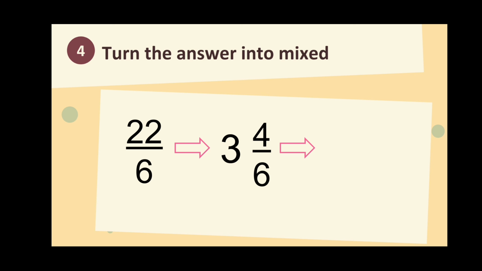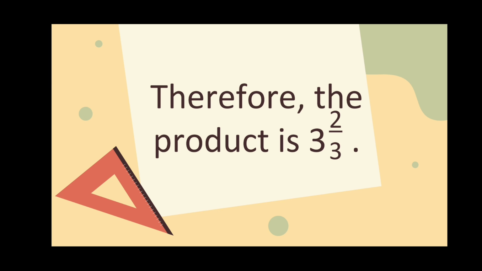Yung whole number na 3, ikakopy lang natin yan. Okay. So, let's divide 4 and 6 by 2, which is equal to 2 over 3. So, therefore, ang ating pinakang lowest term ay 3 and 2 over 3. Therefore, the product is 3 and 2 over 3.